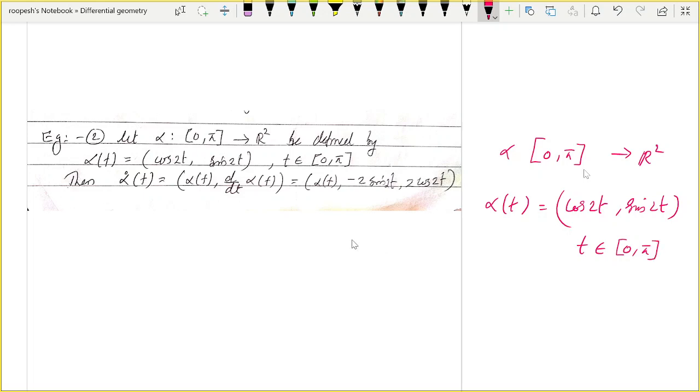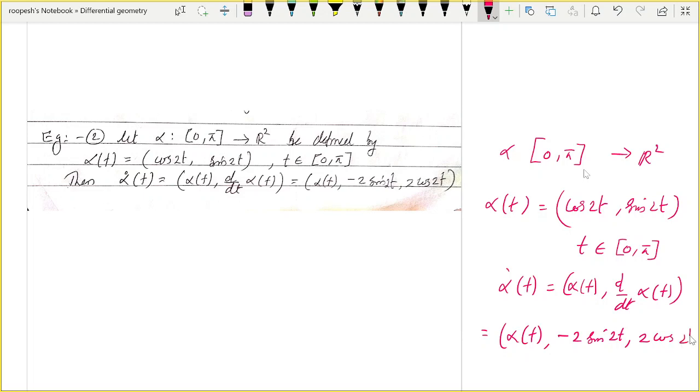What you are asked to find is alpha dot. So alpha dot of t is alpha of t comma d by dt of alpha of t. The derivative of cos 2t gives minus 2 sin 2t, and the derivative of sin 2t gives 2 cos 2t. So this is your alpha dot.